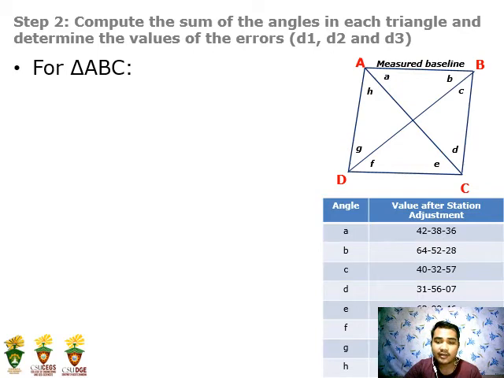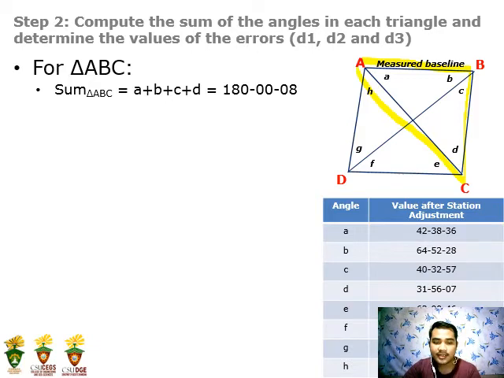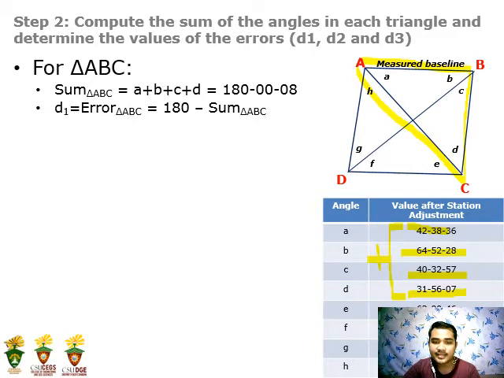Alright, so for triangle ABC, the sum of the interior angles must be satisfied with 180 degrees. Here we have the values of the angles A, B, C, and D. When we add them all, it should be 180. Since it is not 180, we get its error, denoted as D1, the first error.